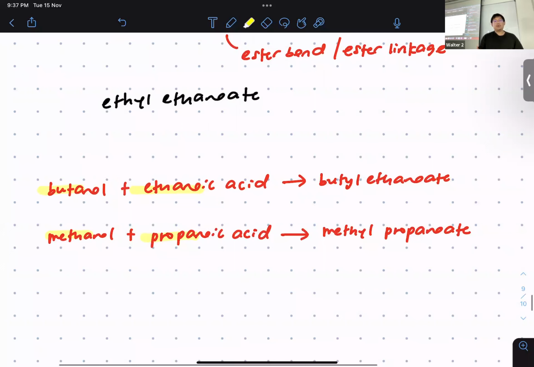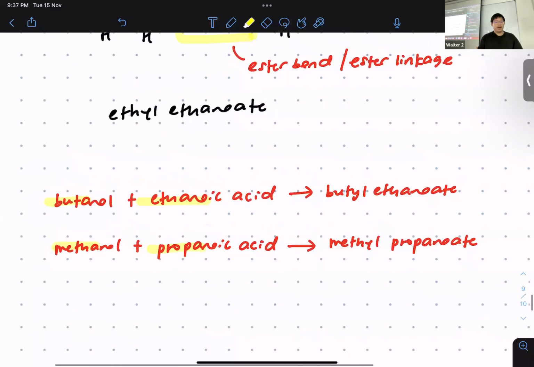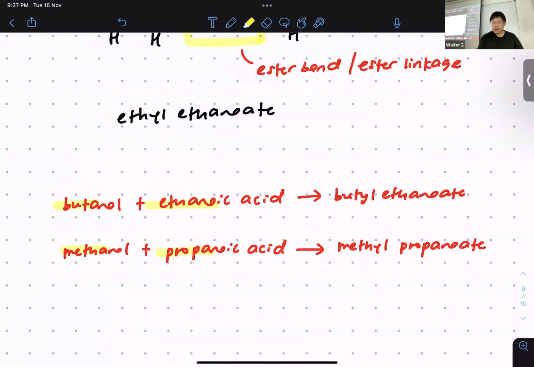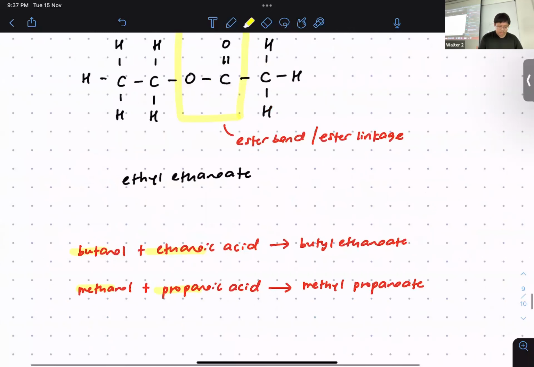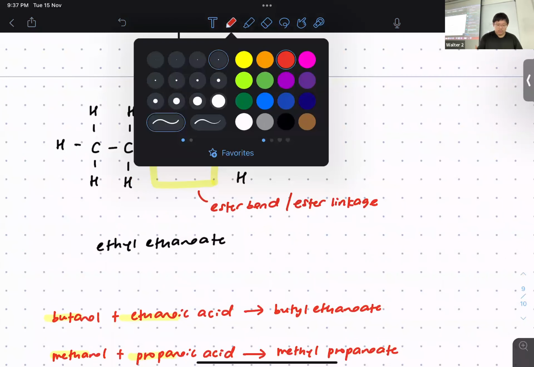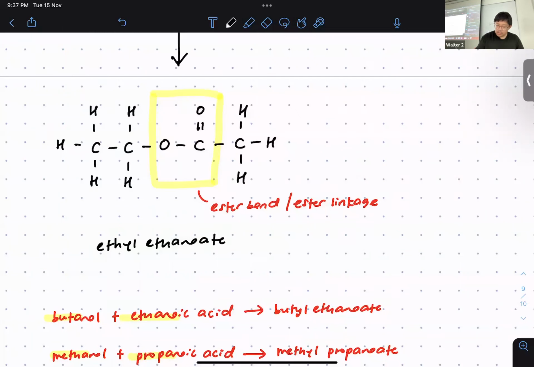Okay, all right. So that's pretty much for the alcohols. Any questions so far? Oh, before that, remember, besides the ester, you will also have the water molecule as a side product. So which means you should technically have H2O.